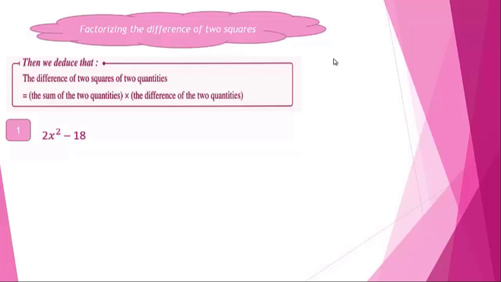For example, we determine the highest common factor, 2, and open a bracket, and we divide the terms of the expression by it. 2x squared divided by 2 equals x squared, minus 18 divided by 2 equals 9. After that, we put x and 3 in the two brackets, the sum in the first bracket and the difference in the second.